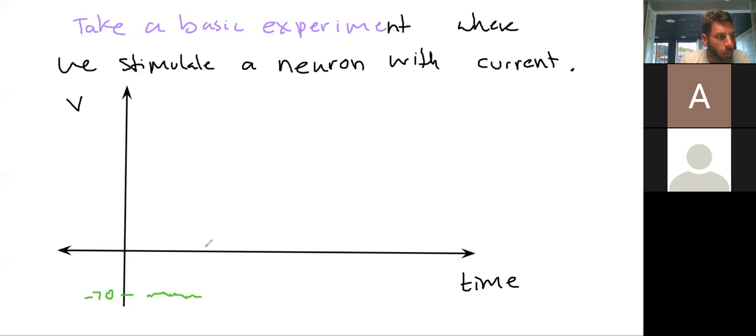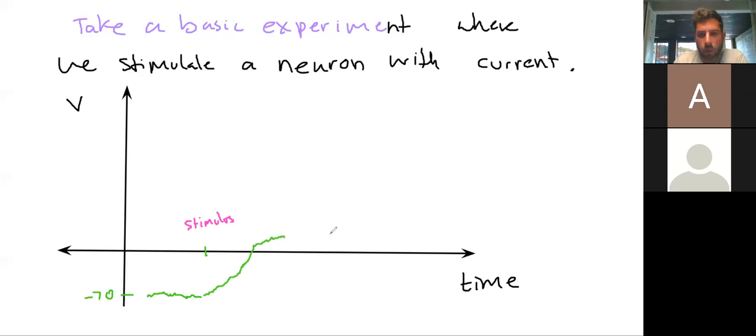And then at some point, which I'm going to label in a different color, we start to provide a stimulus. And when we start stimulating it, of course, the voltage begins to rise.